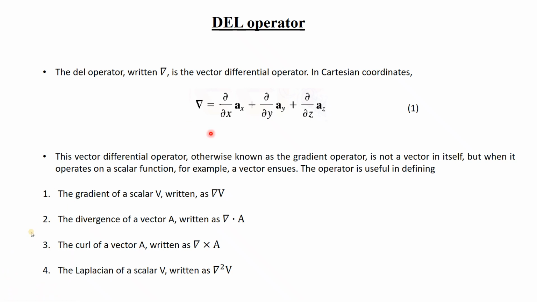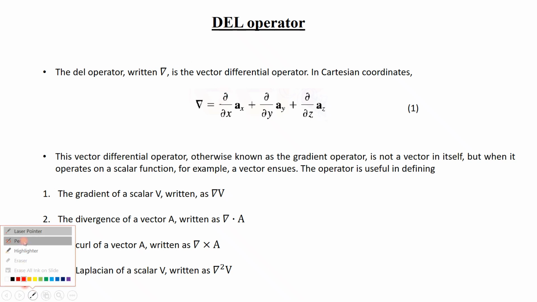Now the del operator is also kind of a vector. So when you apply the del operator on a vector, the operator also has to have some axes. Suppose in the Cartesian coordinate system we have the unit vectors of the three axes.